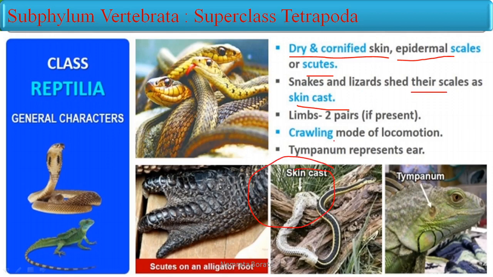The limbs are two pairs, the forelimbs and the hind limbs, if present, but in the case of snakes, they are limbless animals. The crawling mode of locomotion is here. The tympanum is present, that's the external ear, and it represents the ear.